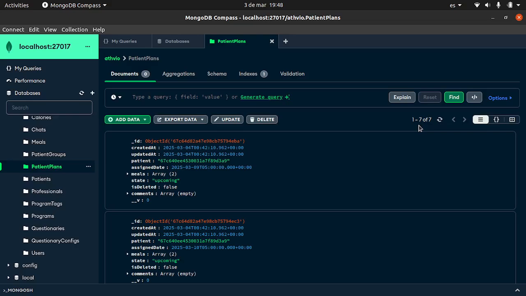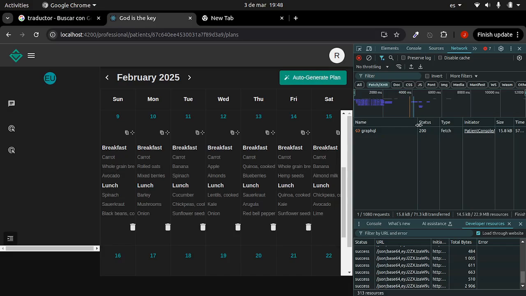As you can see here, every day has 2 meals, and every meal has 3 ingredients, because I requested that from the OpenAI API.